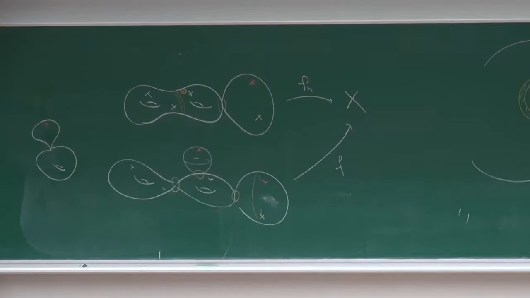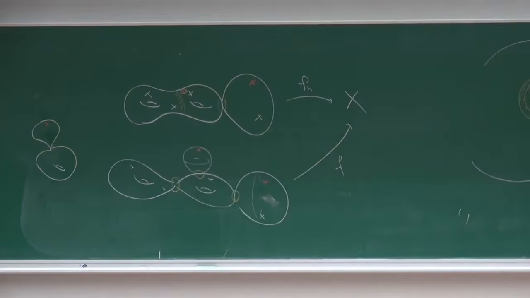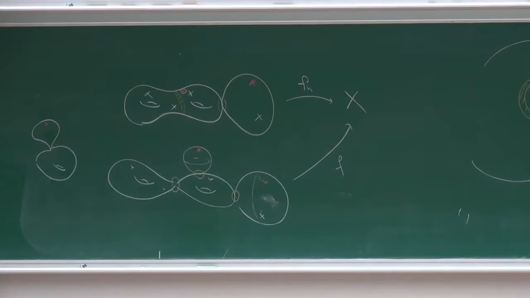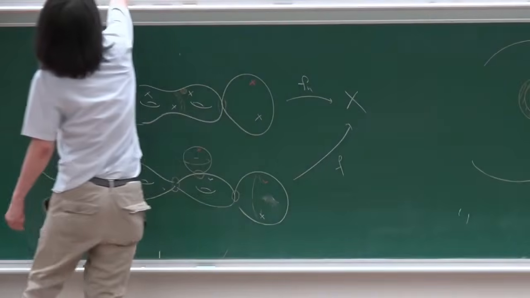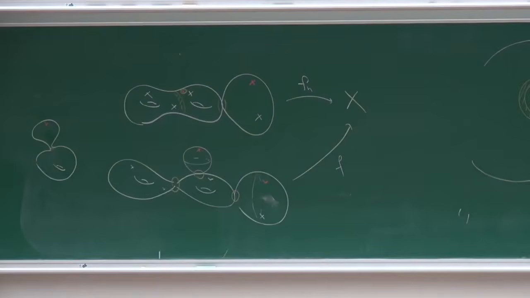In fact, in this process, we may get more components, and then we have to throw away some of the components if you forget this. So first I have this, but what we want to talk about is the convergence from here to here. So somehow we want to forget this at the end.